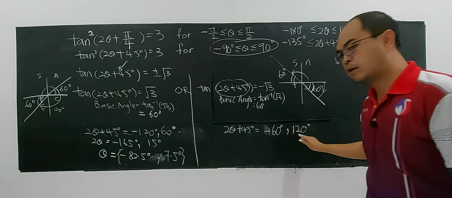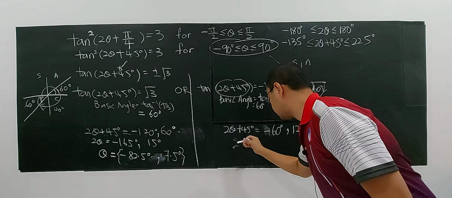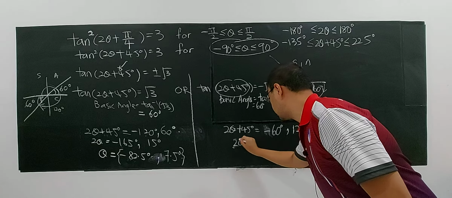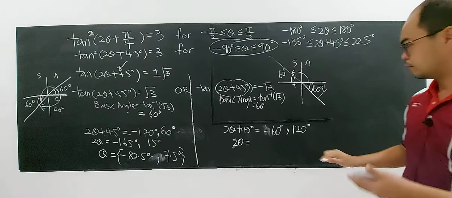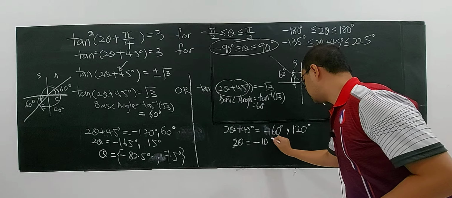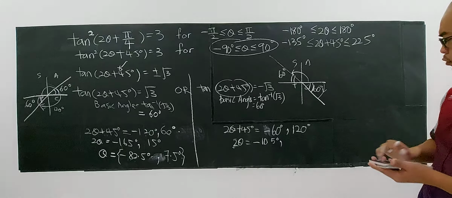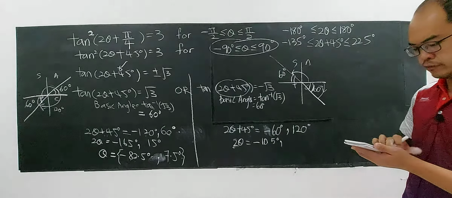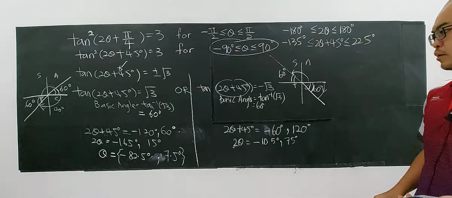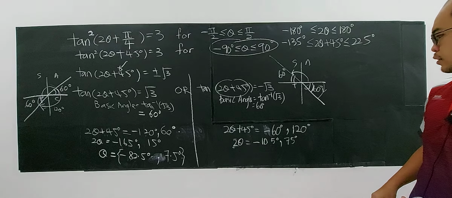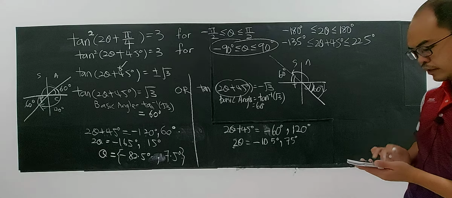So now you also have two possible solutions. The 2 theta will be equal to negative 60 minus 45, you have negative 105 degrees, and 120 degrees minus 45, you have 75 degrees.